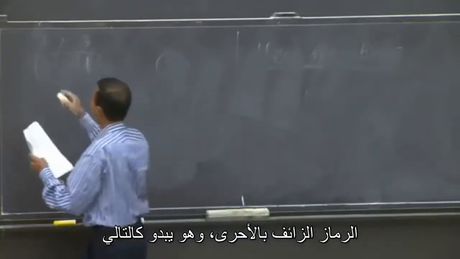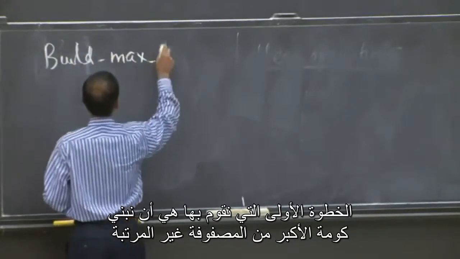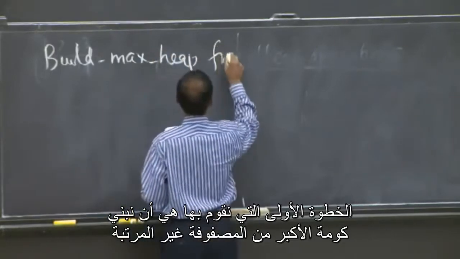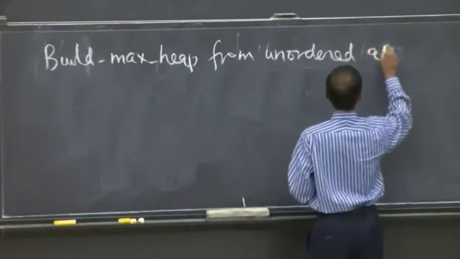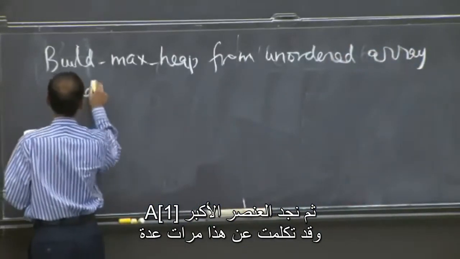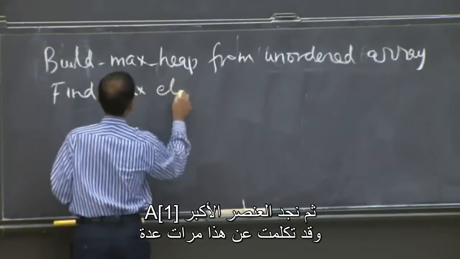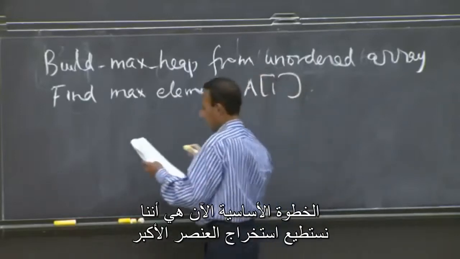And it looks like this. The first step that you do is you build max heap from the unordered array. Okay. Then you find the maximum element, A1. All of this I've said multiple times.